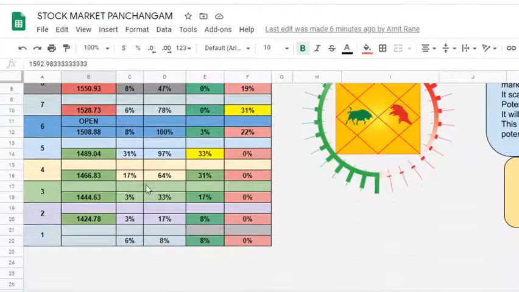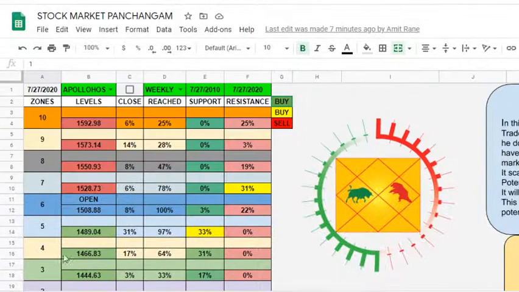Okay, the same way when the market comes to the oversold zone, that is when it comes below zone 2, you can see a buying sentiment develop when it comes in this zone. So that is called the oversold zone. So zone 1 is the oversold zone, zone 10 is the overbought zone.